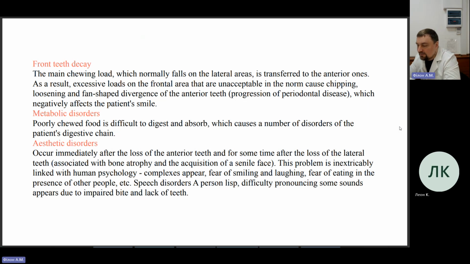A person lisps, difficulty pronouncing some sounds appears due to impaired bite and lack of teeth. Again, I was telling all this before the start of the lecture, about the mental psychological problems after loss of the teeth. Yes, fear of smiling or laughing.